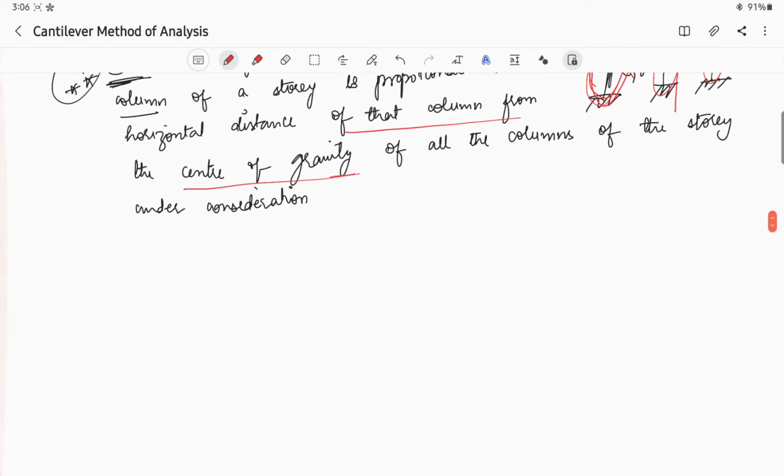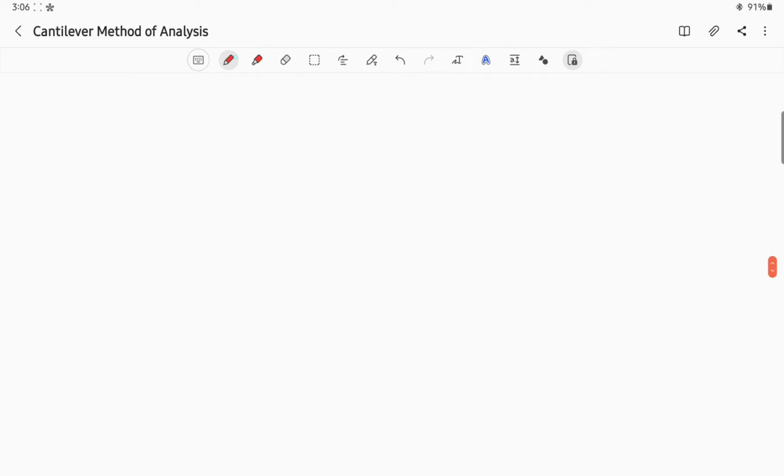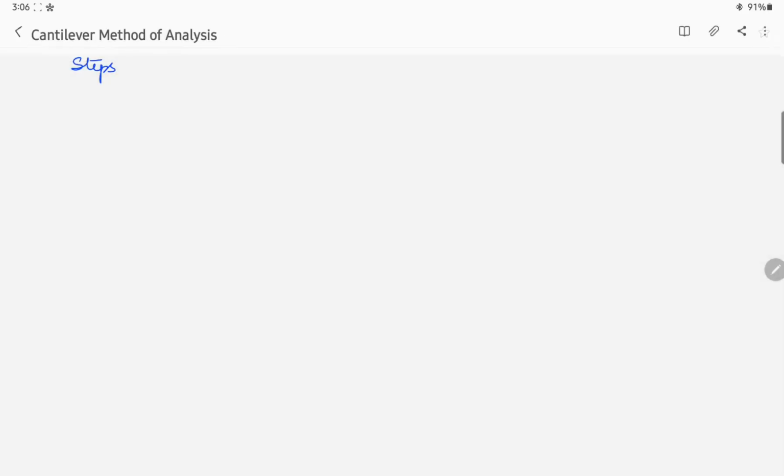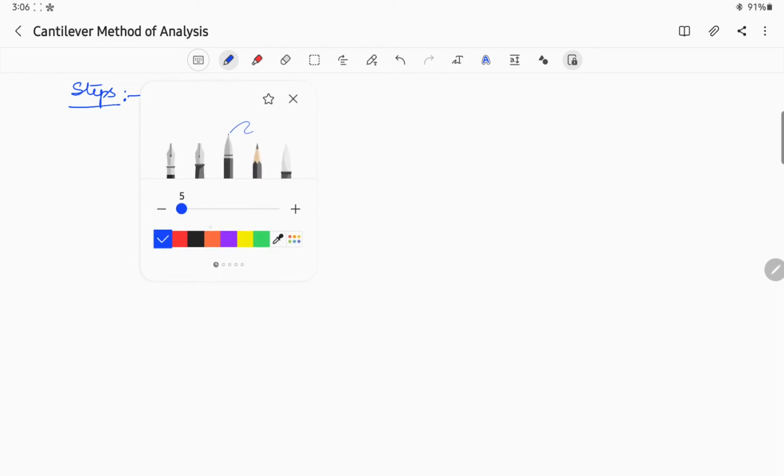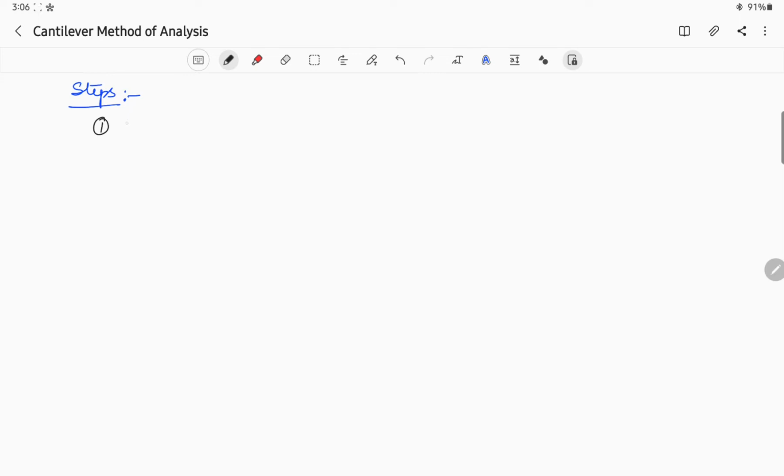Now let us take down the steps involved in the cantilever method. The first step is location of the centroidal axis, a very important point.